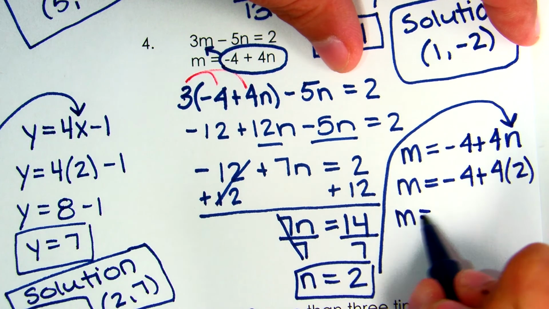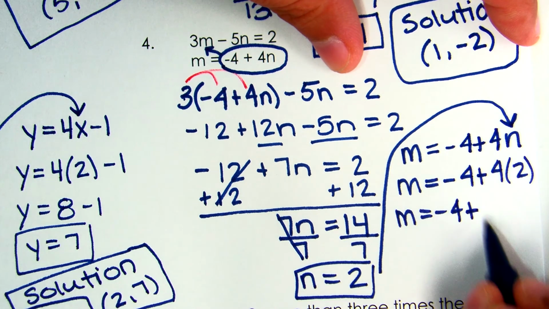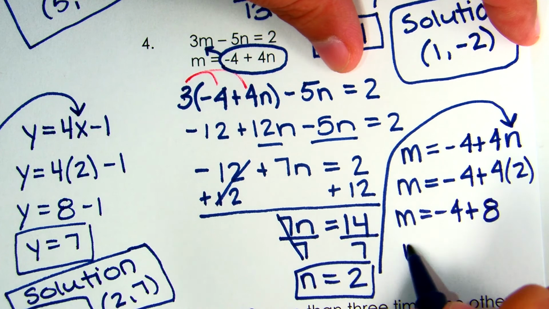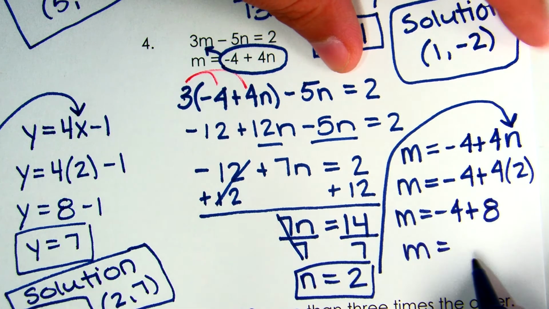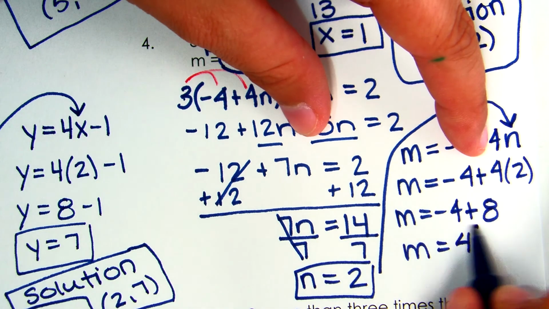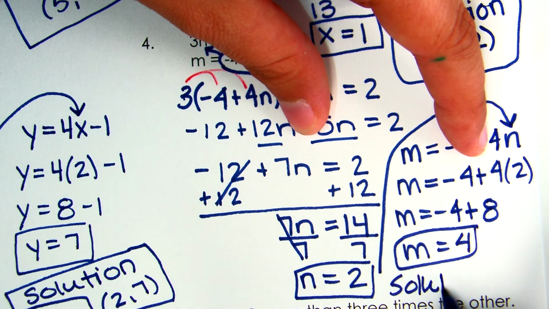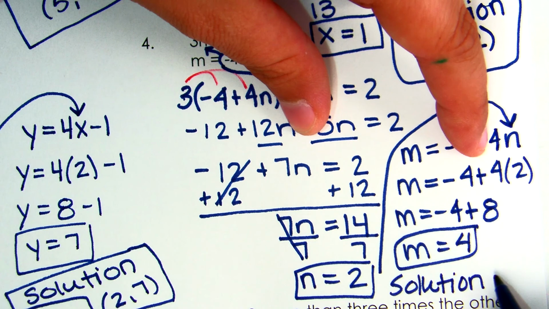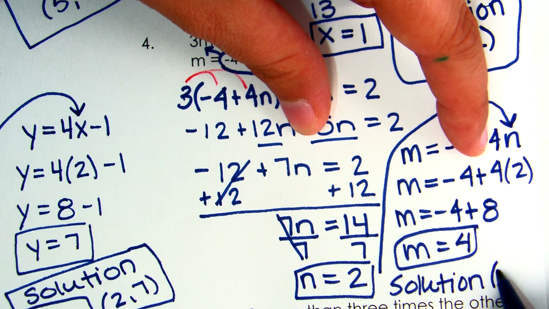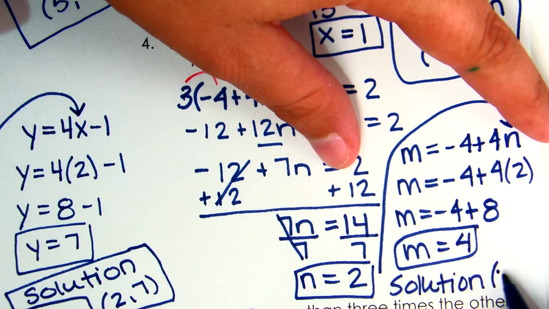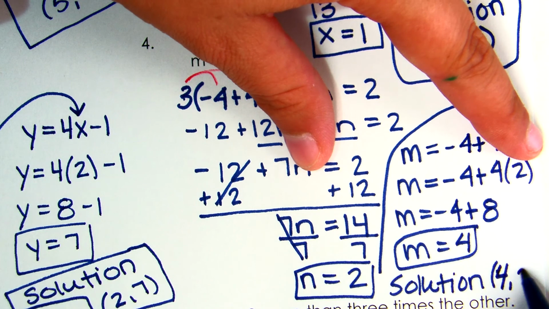So m equals -4 plus 4 times 2 is 8. m equals -4 plus 8 is +4. So my solution is, we're going to go alphabetically here, 4, 2.